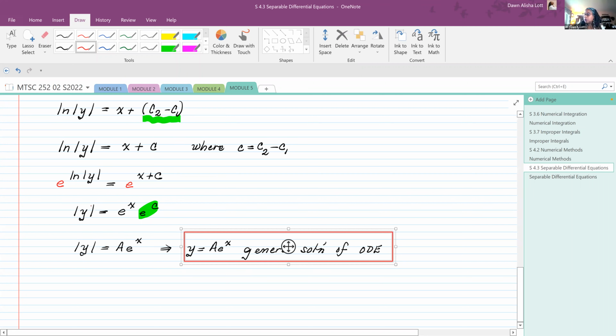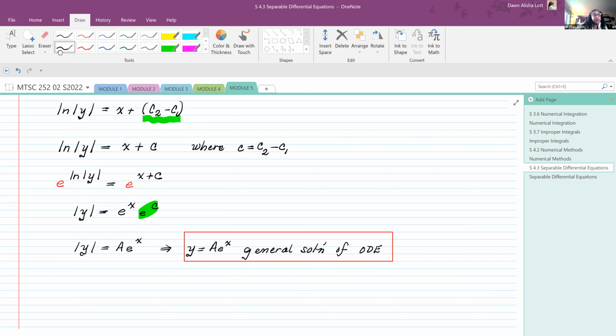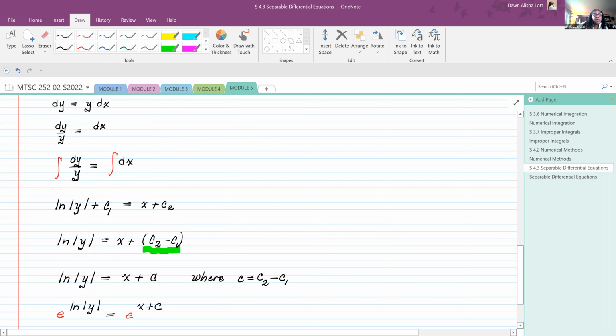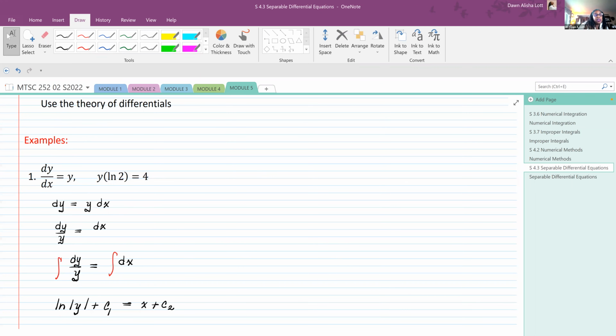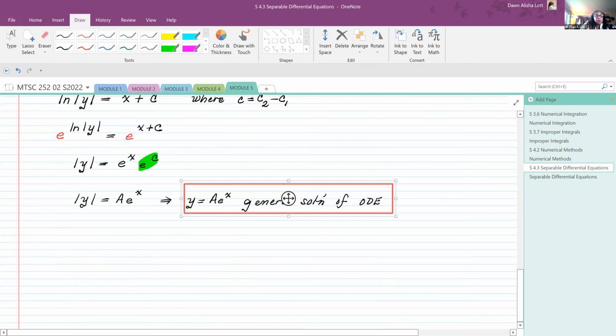And the general solution will contain constants that we don't know what they are. Okay, now for this particular problem, I gave you what we call an initial condition, where I told you that when x is equal to log 2, y is 4.